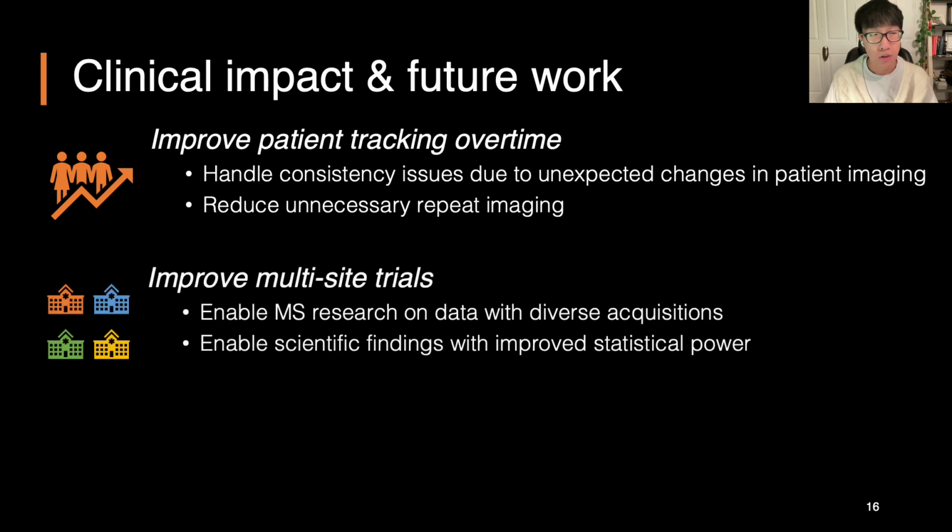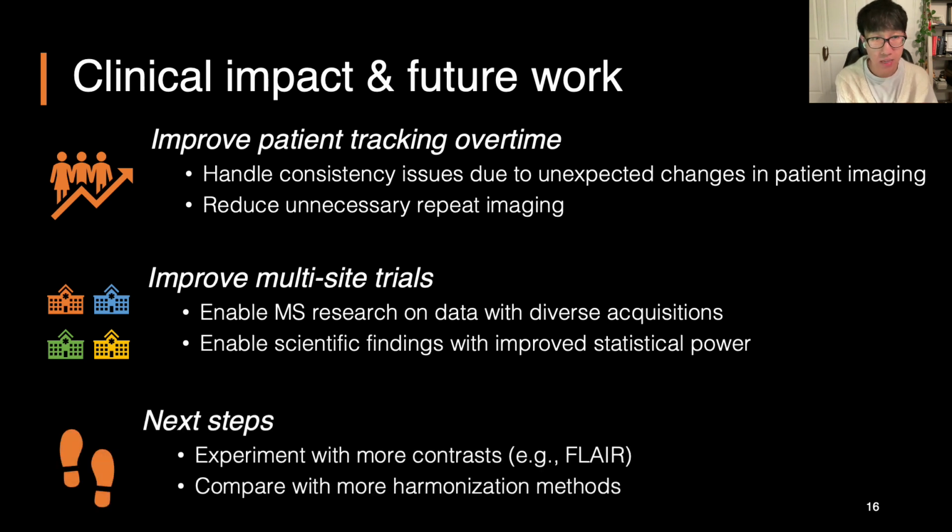Our studies also show that we can improve multi-site trials. This is going to enable MS research to include data with more diverse acquisitions and also enable scientific findings with improved statistical power by pooling multi-site data.